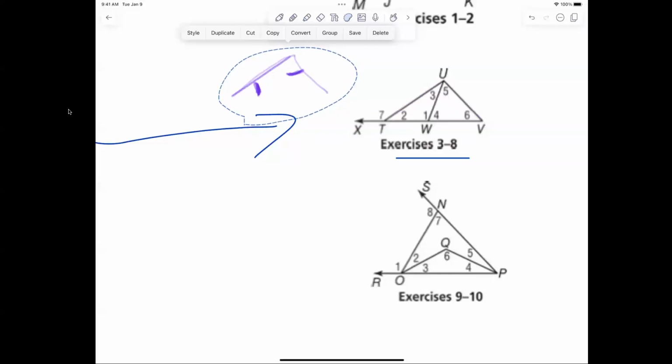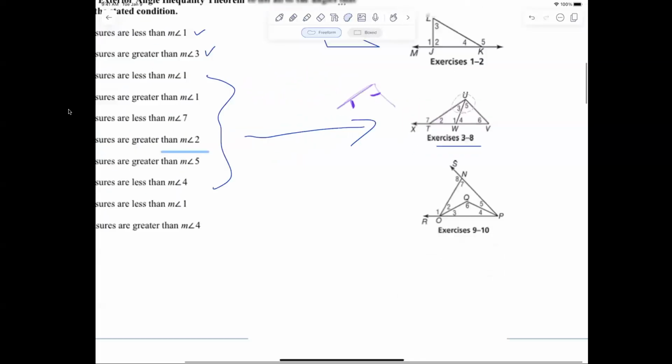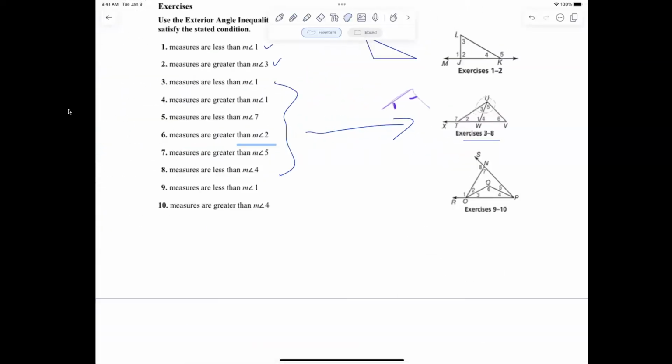Right? So we're just trying to use the alternate exterior angle theorem, and we're trying to demonstrate what angles are greater or less based off that. Now, I did like what Sophia said up here, because 5 is a part of TUV. Therefore, 5 is less than TUV, which was good. All right. Does that help you?